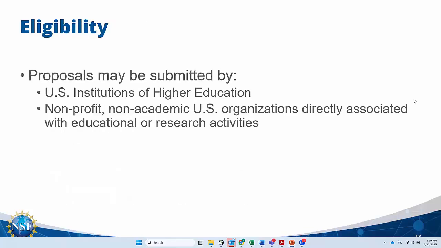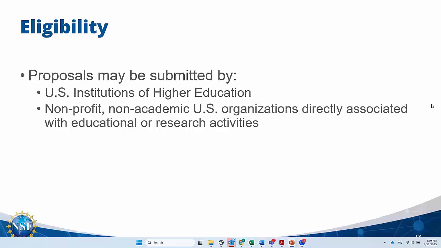Now, on the eligibility, 2 and 4 year institutions of higher education, including community colleges, accredited and having a campus in the United States, are eligible to apply for TTP.